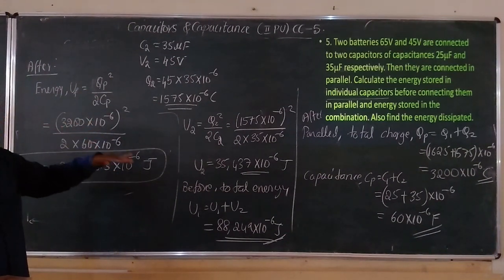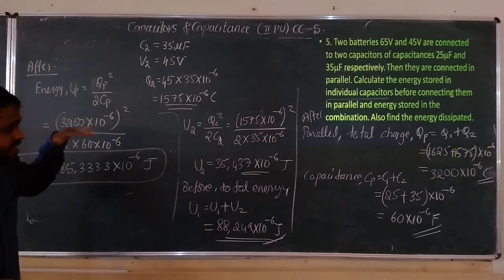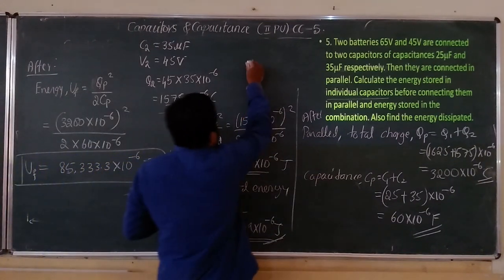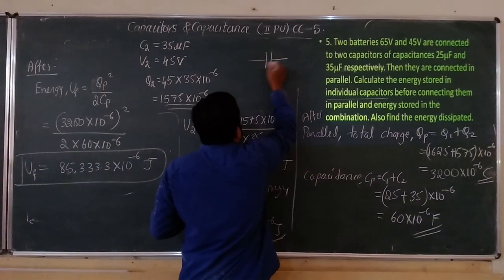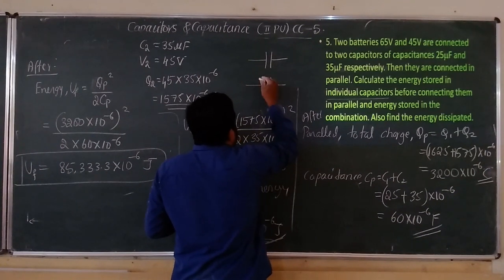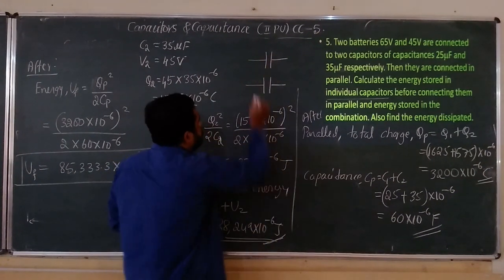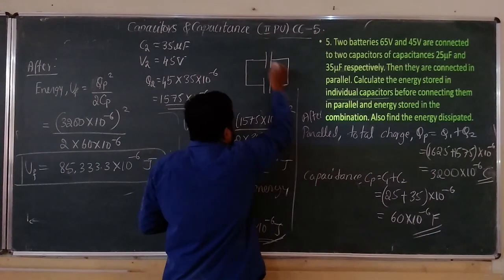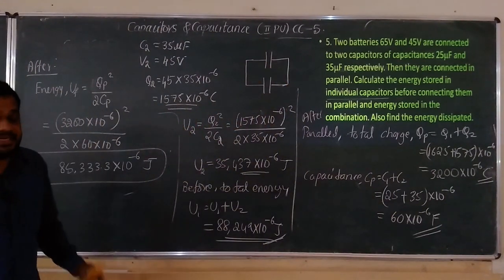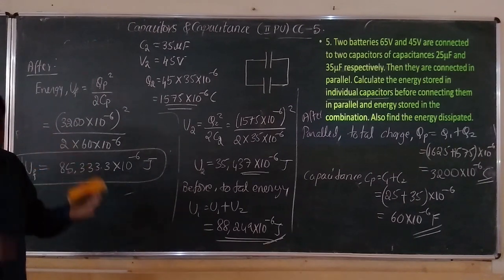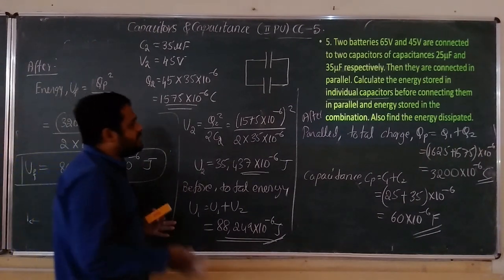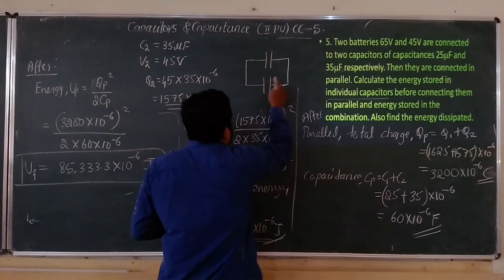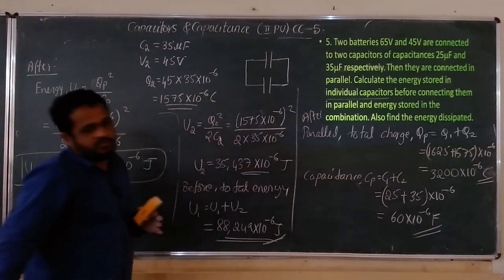That is, energy is dissipated in the connecting wires. When capacitors are separate, the energy stored is this much. When these two are connected in parallel using conducting wires, a certain amount of energy is wasted, dissipated in the form of heat energy in the wires.